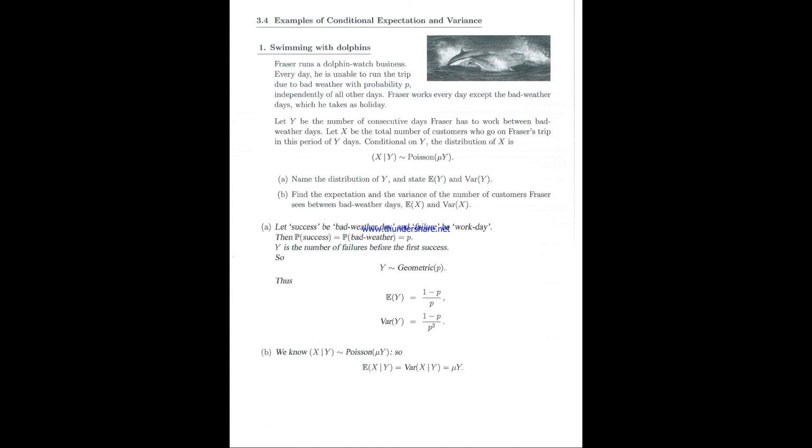Let's see why it's having a Poisson distribution. When you take the distribution of x given y, x is the number of customers who have gone on this trip in this period of y. Since we are counting the number of customers within a given period, we can identify that as a Poisson distribution.